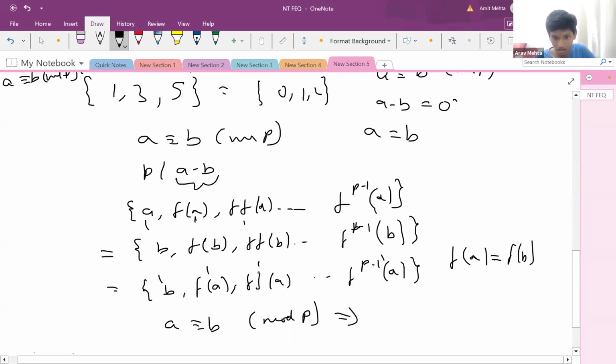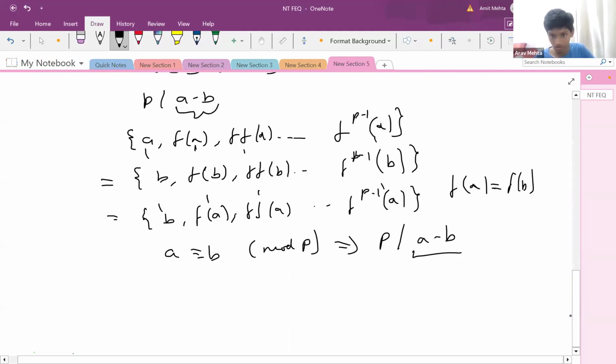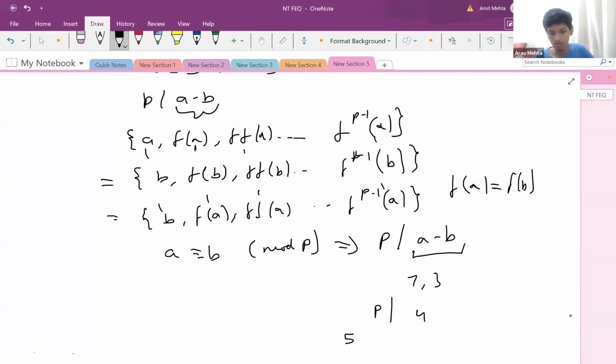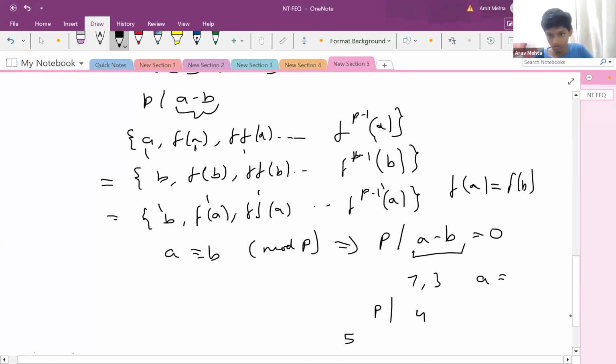And this is the same as saying p divides a minus b. So a and b are fixed, so a minus b is fixed. If a and b are something like 7 and 3, then this becomes 4, and I can definitely choose a prime p greater than 4, such that this is false. So this has to be 0 and a equals b.